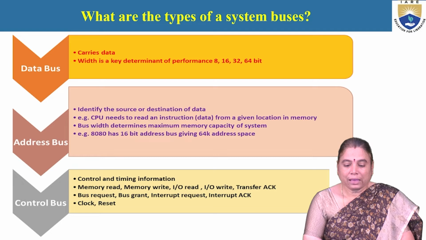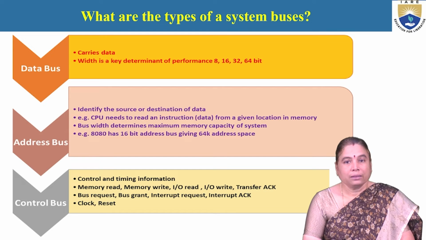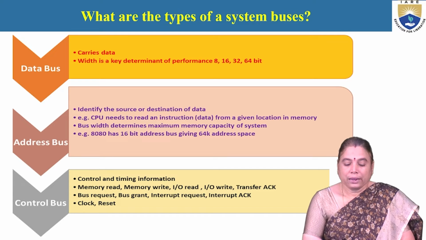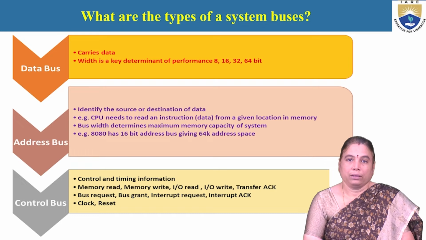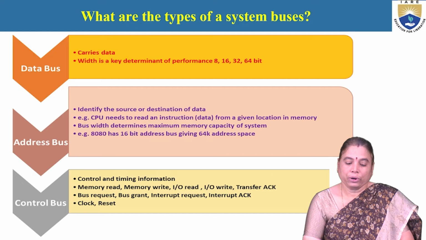The data bus carries the data, and its width is the key determinant of performance of the system. The width can generally be 8, 16, 32 and 64 bit. Next, the address bus identifies the source or destination of data, so it is used to refer to the memory location. If the CPU needs to read an instruction from a given location in memory, that location is pointed to with the help of the address bus.